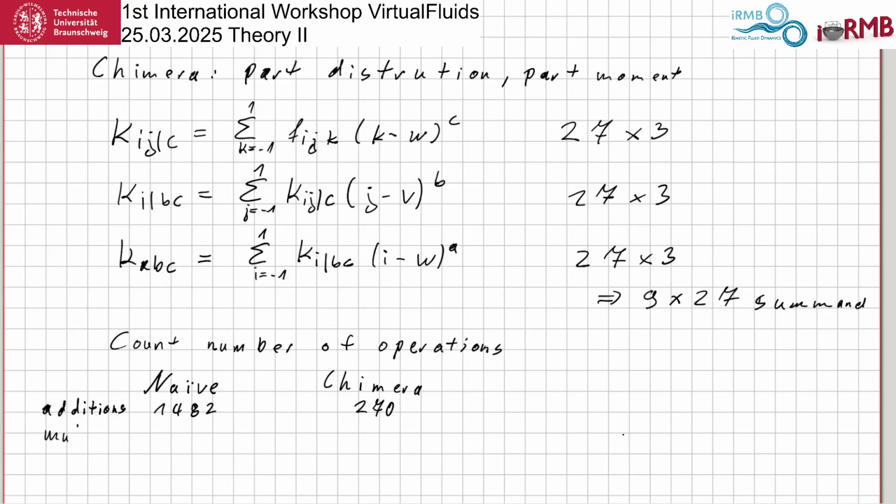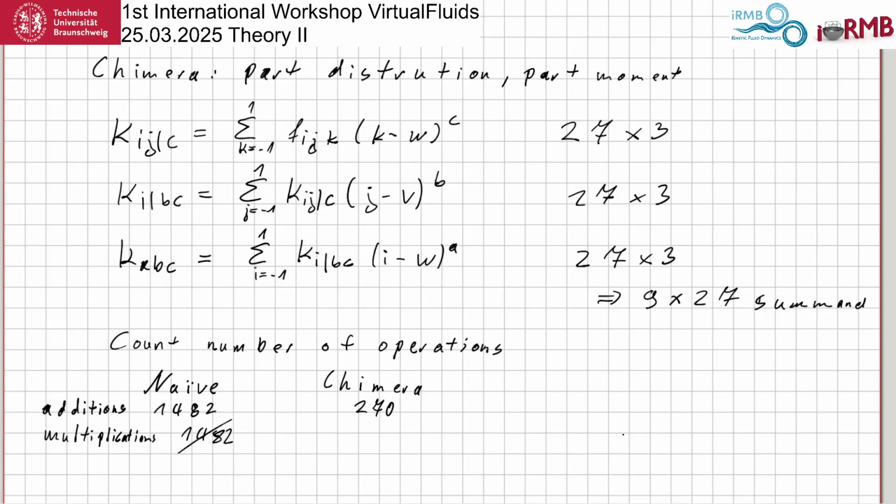Multiplications, very similar, 1,400. Oh, I think I got the wrong number because it was a very similar number. It was probably not I write twice the same. I remember that it was very similar, but it was not exactly the same.